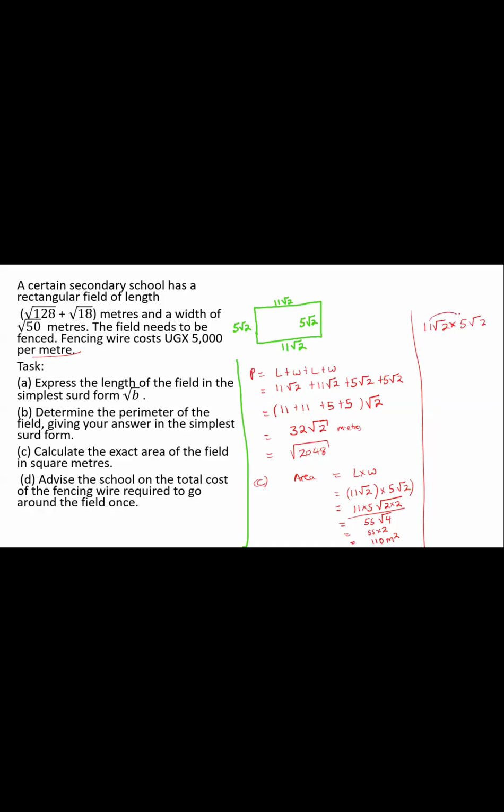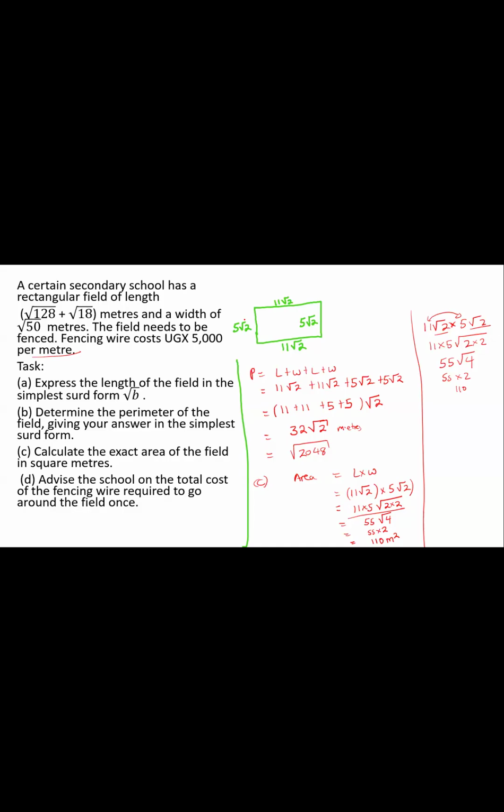So I can only multiply these numbers outside, which is 11 times 5. And also I multiply the numbers which have roots, 2 times 2. Which gives you 55 root of 4, which gives you 55 times 2, which gives you 110. Let me hope it is clear.